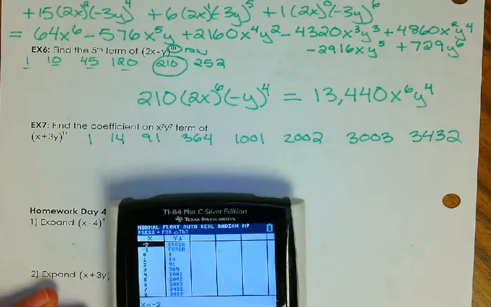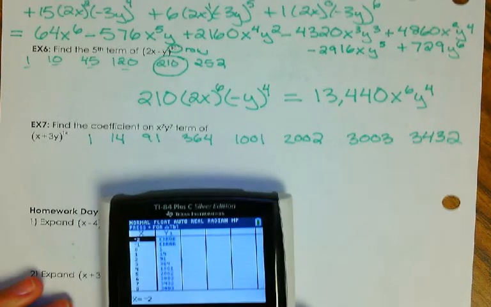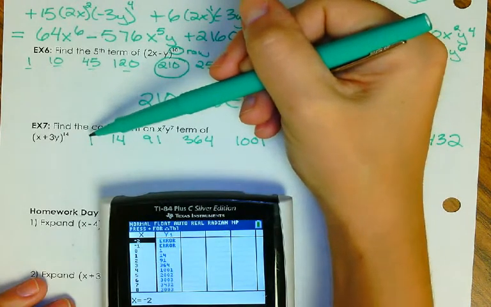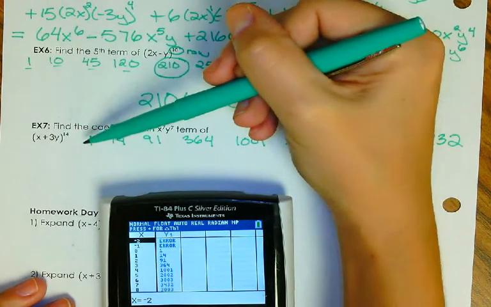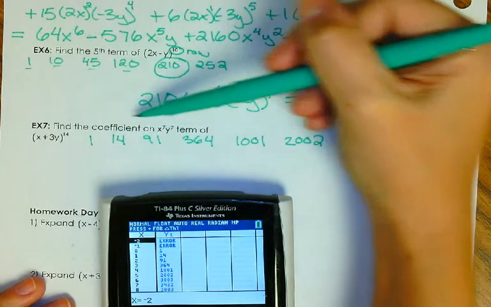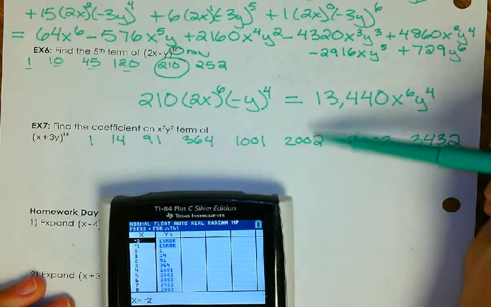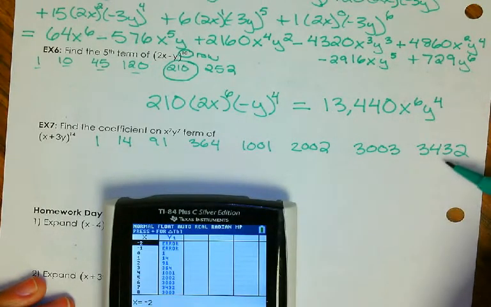So I can keep going, but since I know that it's going to start at the 14th power, right? Because this was a 14, so I count down. 14, 13, 12, 11, 10, 9, 8, 7. This is where I'm going to have that x to the 7th.